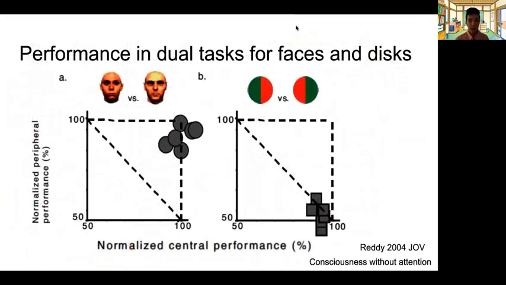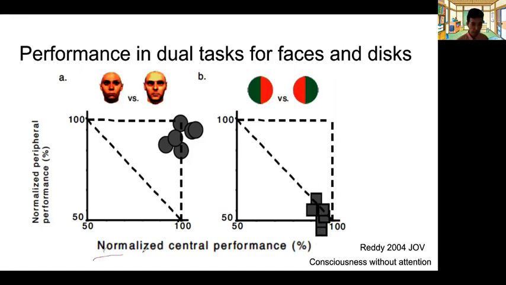And on the other hand, the red-green disk task was completely at chance when they performed it in a dual task situation. So this means that the red-green task does require attention to get the 70% performance.